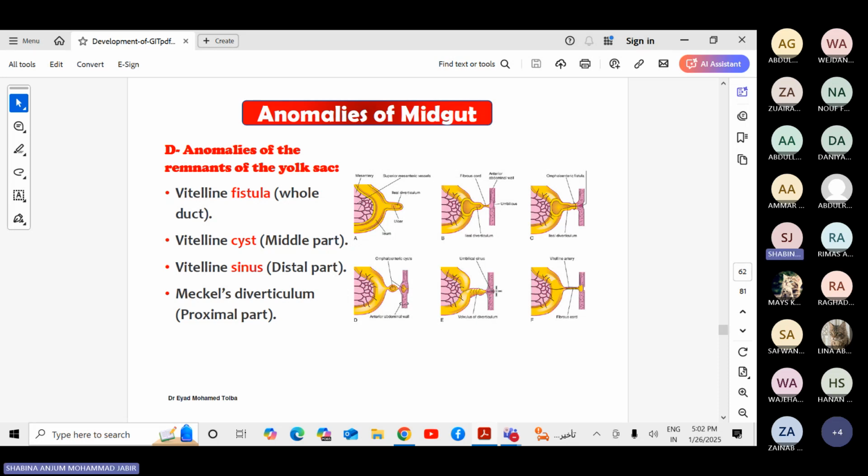It means the umbilicus is completely closed, but some watery or serous fluid will be coming out from the umbilicus. From this there could be a cyst. There could be a complete passage. Can you see there is a complete passage between the intestine and the umbilicus, the vitelline duct here.